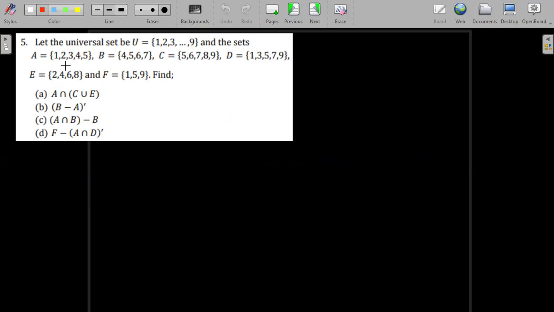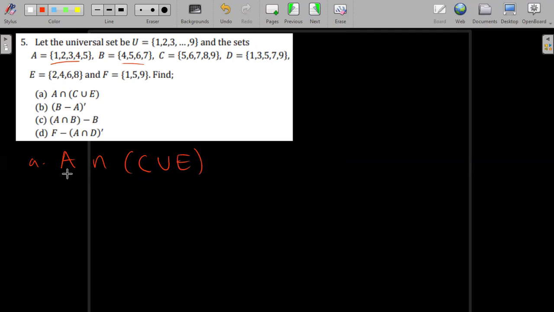And I have set A here, set B, C, D, and E, and F. They're telling me to find the following. For question 1, I have to find A intersect C union E.